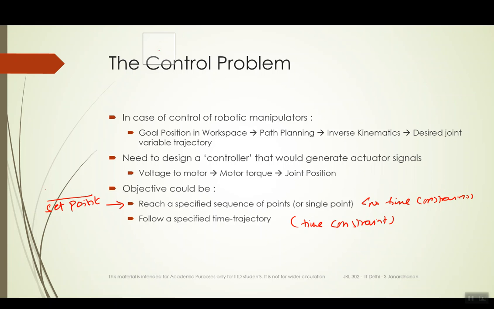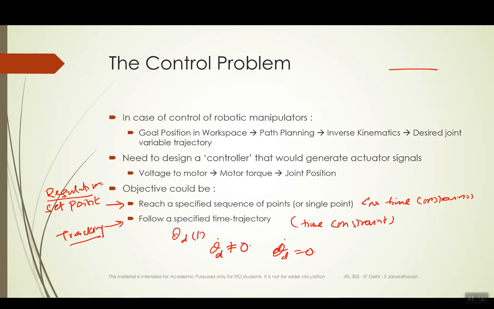This problem is sometimes called the regulation problem, which means your desired trajectory is just a constant. Or it can be a tracking problem, where your desired trajectory is a time varying signal, so theta d of t, and theta d dot is not necessarily 0. In the first case, theta d dot was 0. That is how these two objectives can be differentiated.